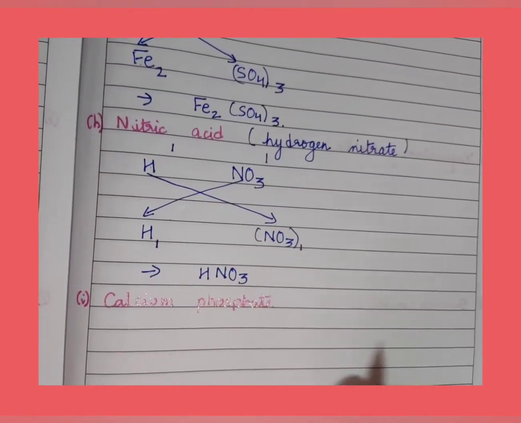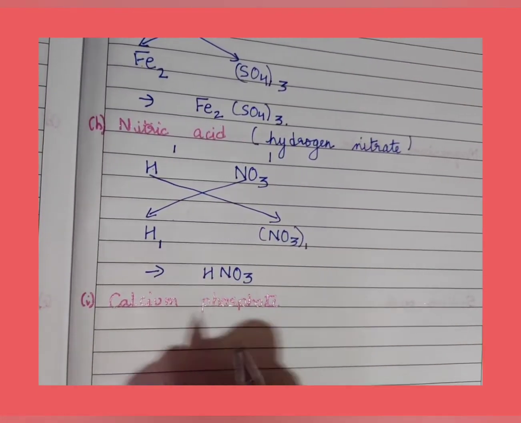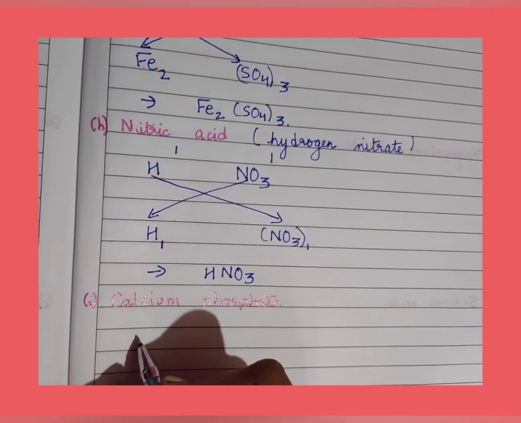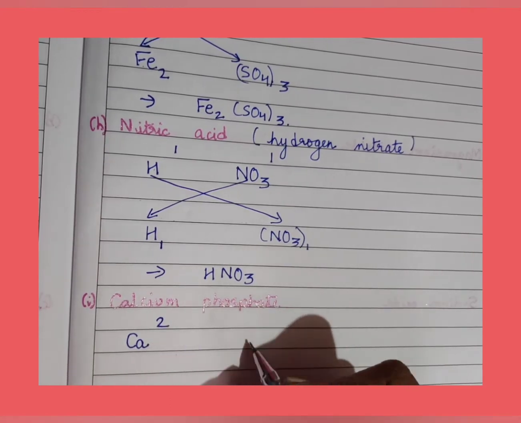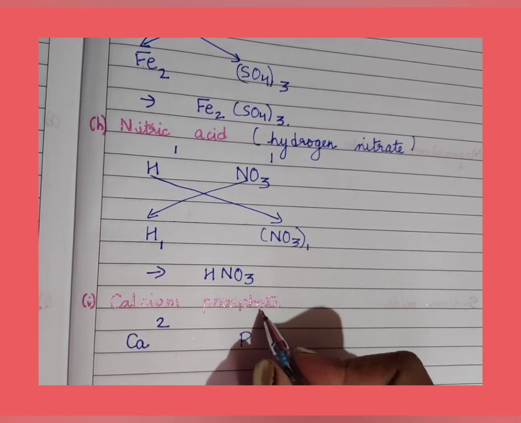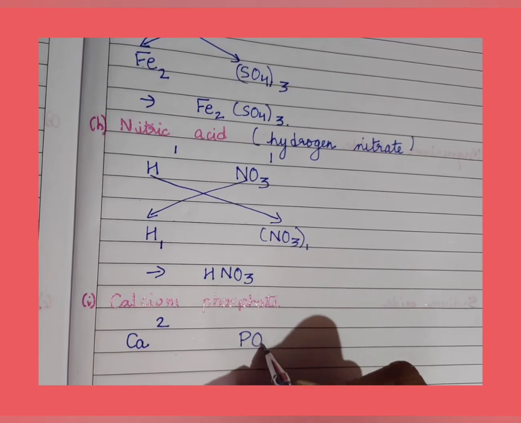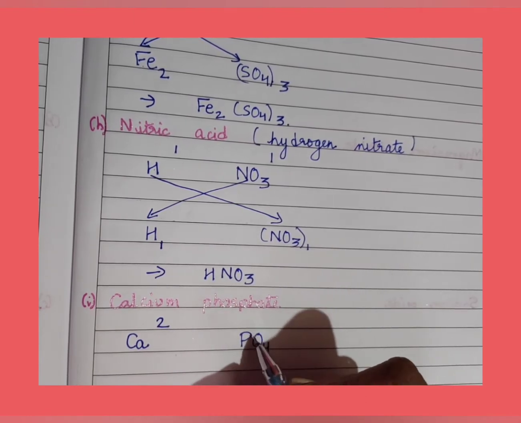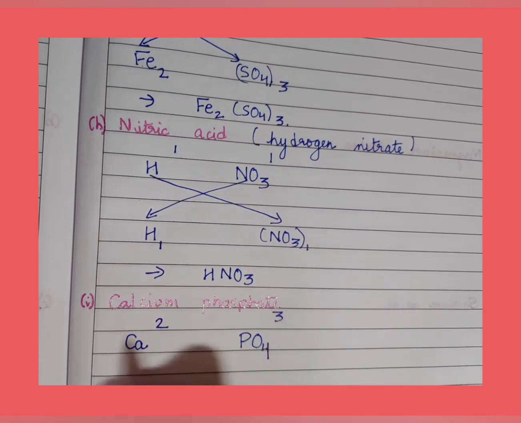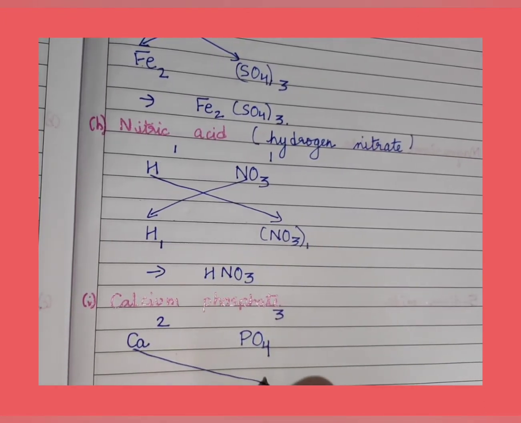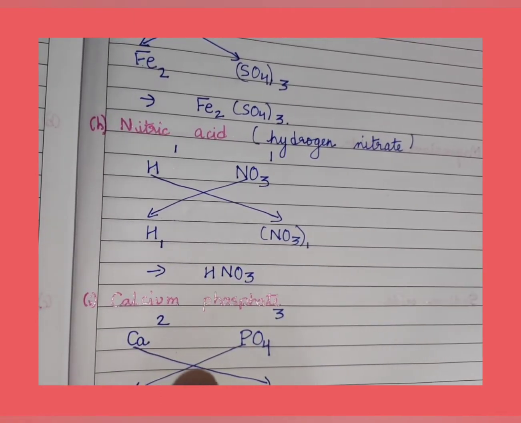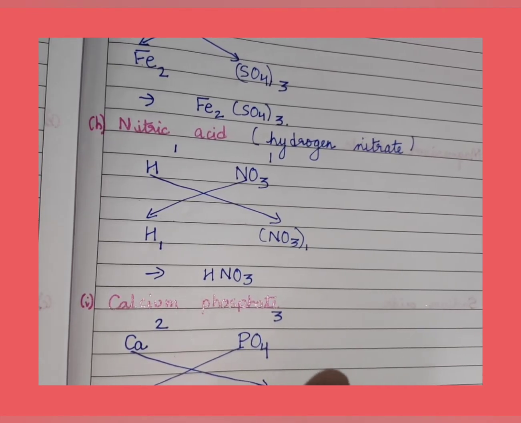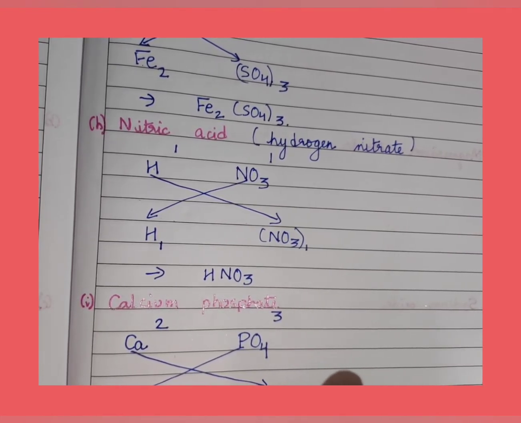Next comes calcium phosphate. Calcium, what is the symbol? Ca, valency 2. Phosphate, what is the formula of the phosphate ion? PO4, and its valency is 3. So we interchange the valencies. What do we get? Ca3, then (PO4) whole 2.